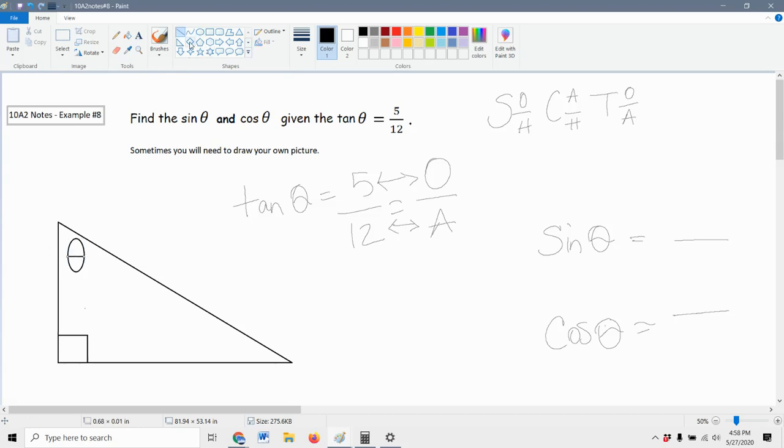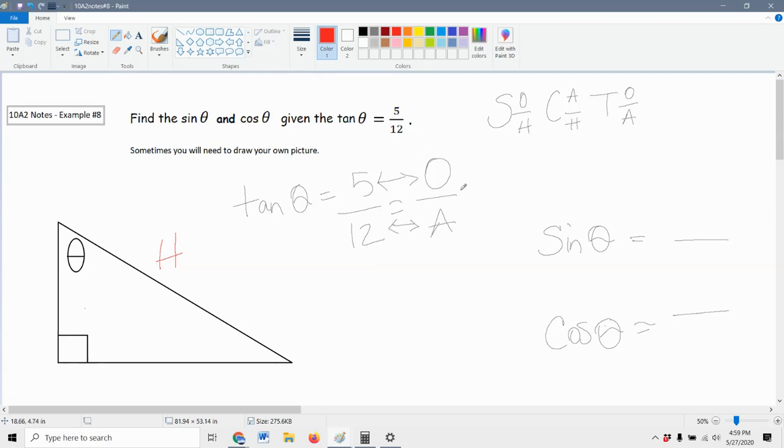And then when we are assigning all of our sides, which is the next thing that we want to do, we want to use our right angle, of course, to identify our hypotenuse. And then we're going to use what we're given, that tan theta is 5/12.